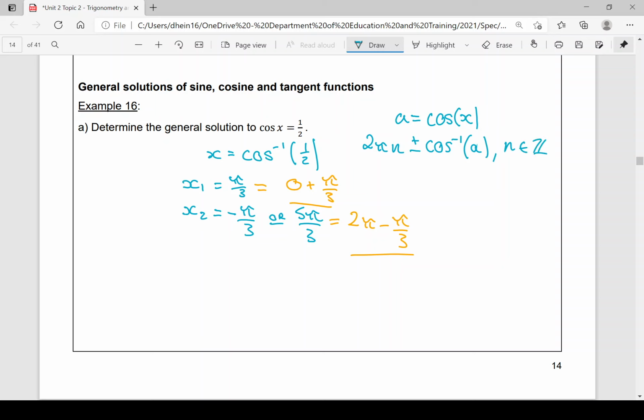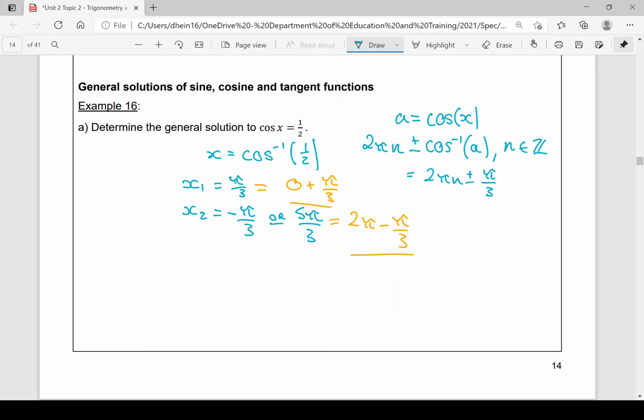So we can see no matter what n we put in here, 0, 1, 2, 3, whatever, -1, -2, and so on and so forth, we're going to get all our solutions here. We're going to either add or subtract the inverse cosine of a. So in our case, that would be 2 pi n plus or minus pi on 3.